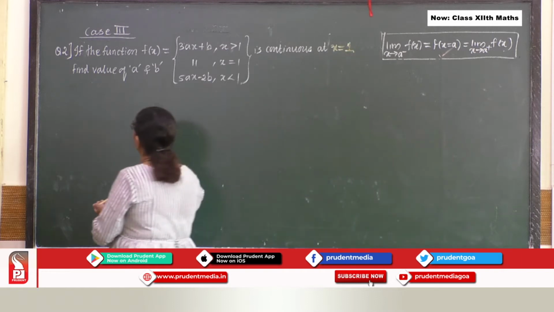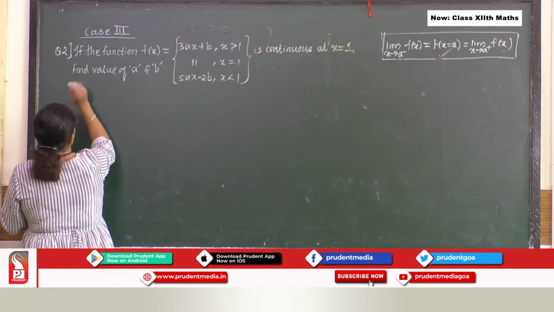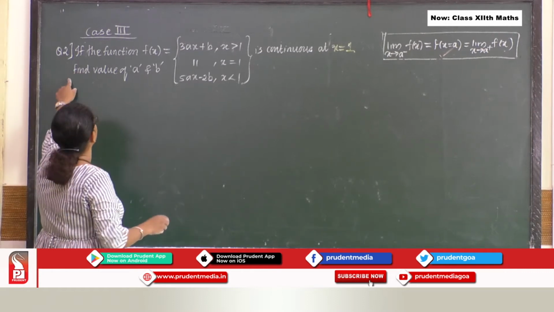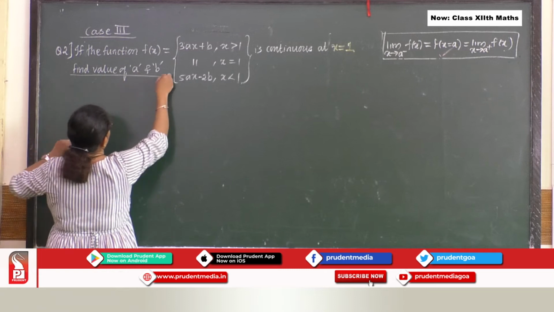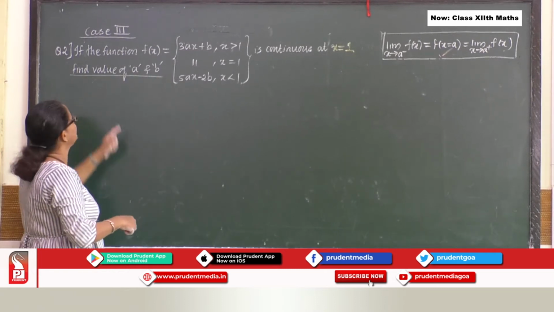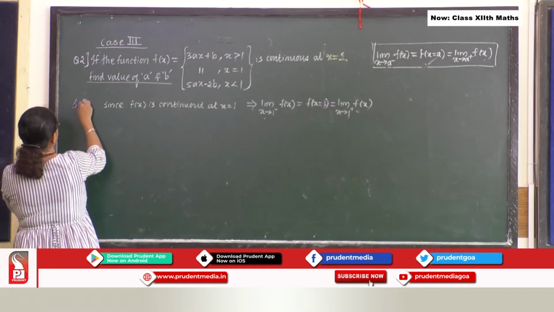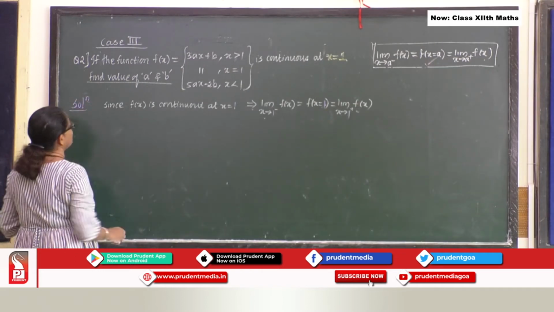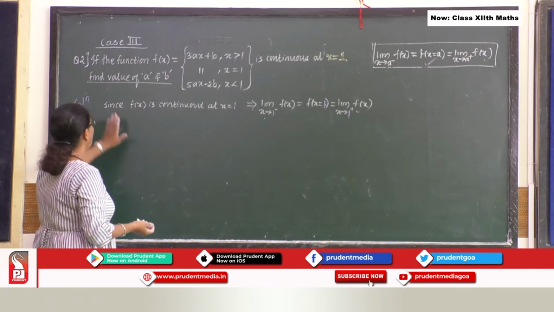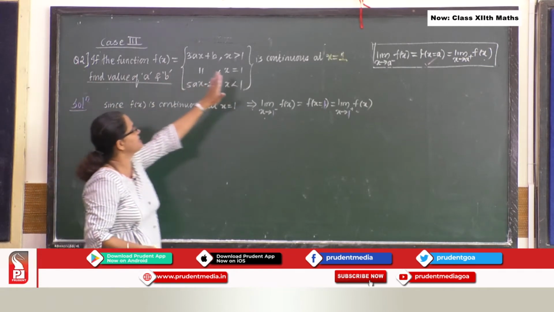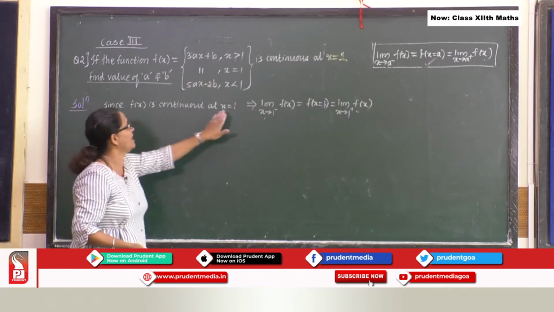So what I need to do is find the value of a and b, and what is given to me? The function is continuous. Let's start with the solution. So when I start with the solution, whatever is given in the problem, let me write it here.